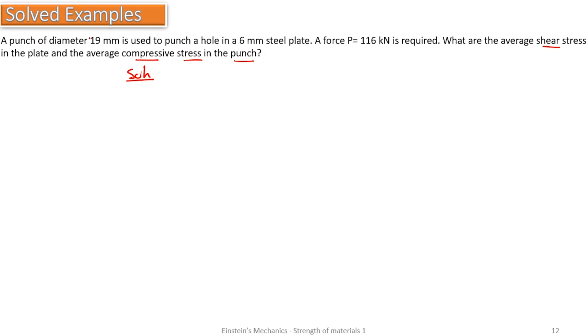So a punch of 19 millimeter is used to punch a hole in a steel plate. So we can assume this is the steel plate. This is a plate, and a punch is used to punch a hole. So a hole is being punched through this steel. So we can assume it this way. It will go through the plate to punch a hole.